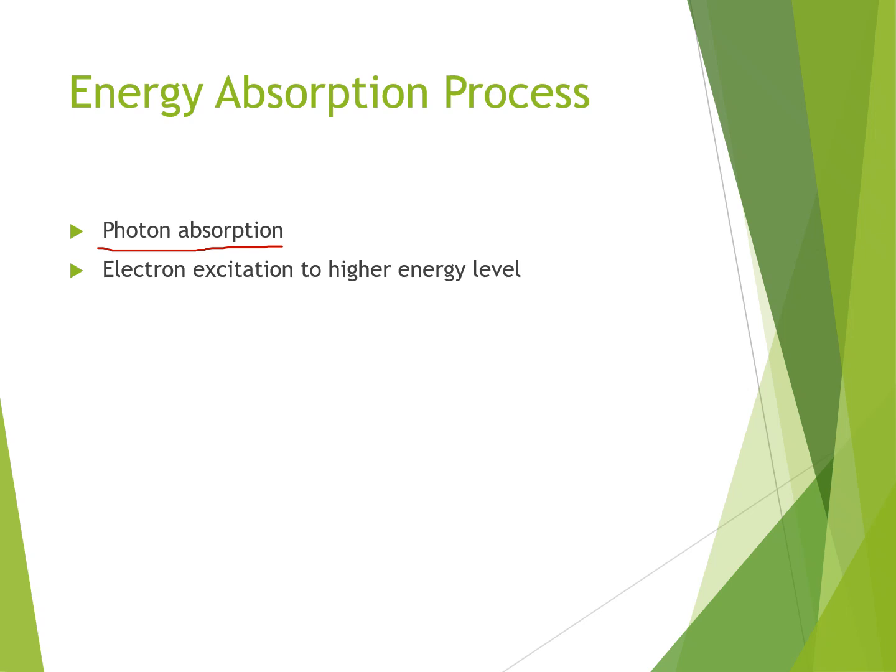So the molecule wants to become stable and quickly seeks stability by losing the excess energy. This is the energy absorption process, in which the electron becomes unstable and goes to the excited energy level.